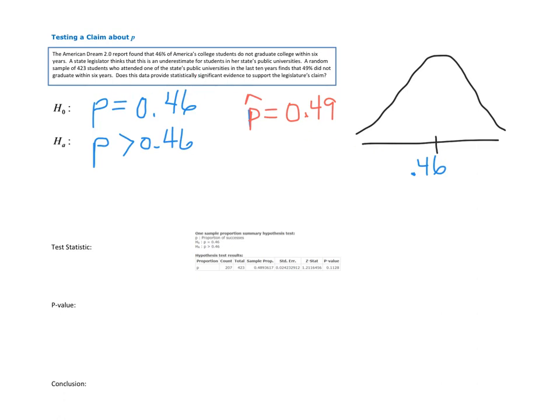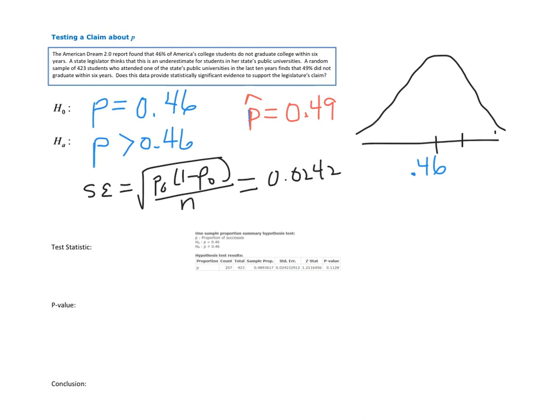And then we can calculate the standard error. It's the square root of p naught times (1 minus p naught), divided by your sample size, where p naught is the claim value, 0.46, and the sample size is 423. If you work that out, you get 0.0242.